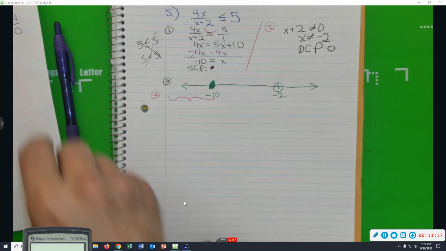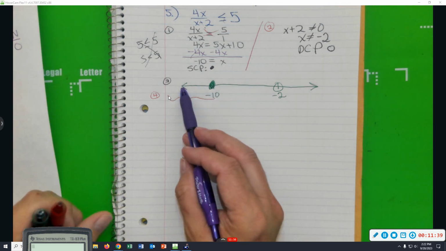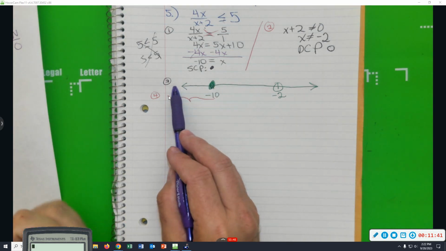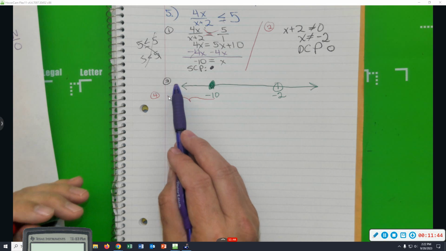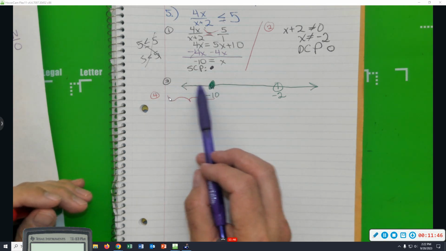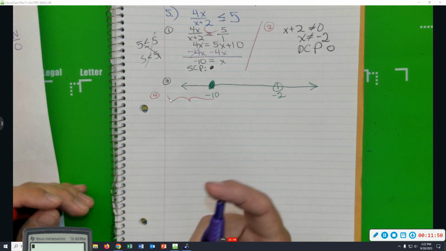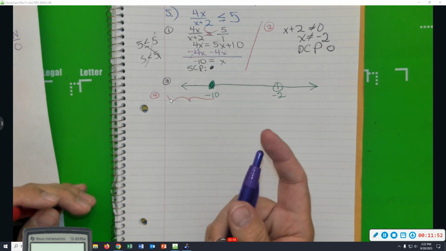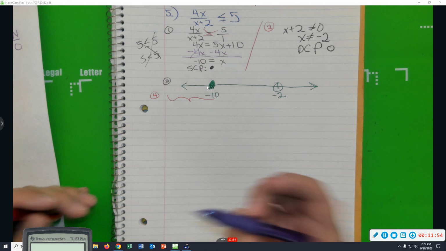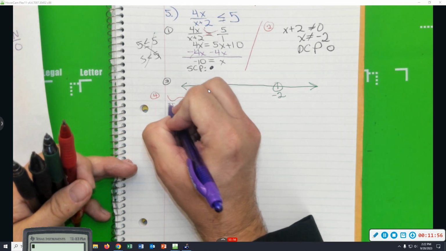I need a number to the left of -10. I could use -50 million, but use something that's easy to plug in. What do you think we could use over here to the left of -10 that would be easy to plug in? -11? Okay, we'll test -11.